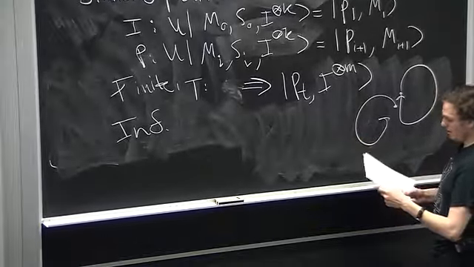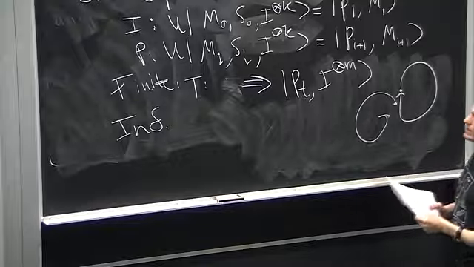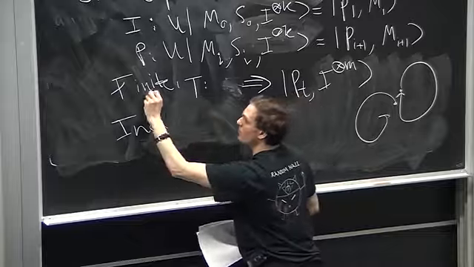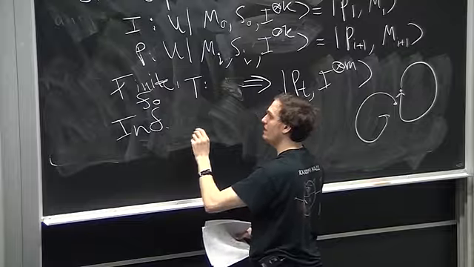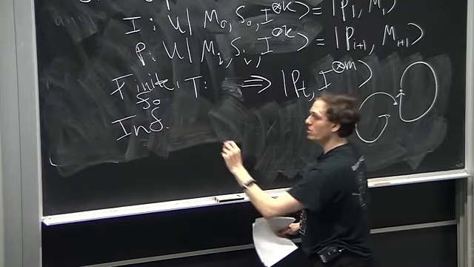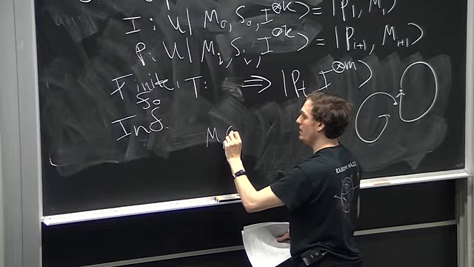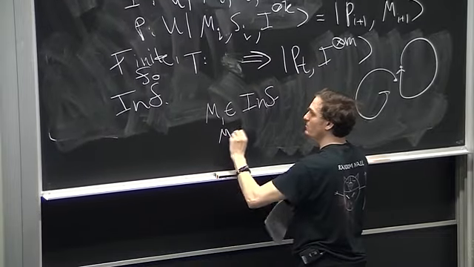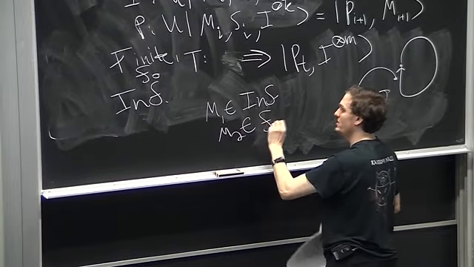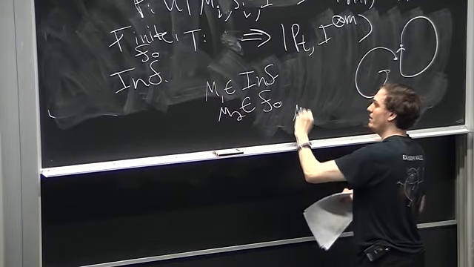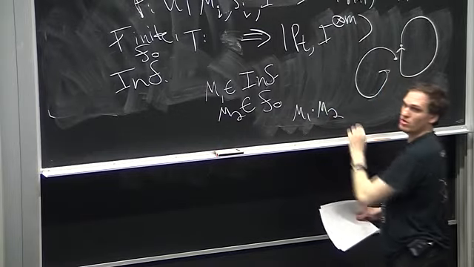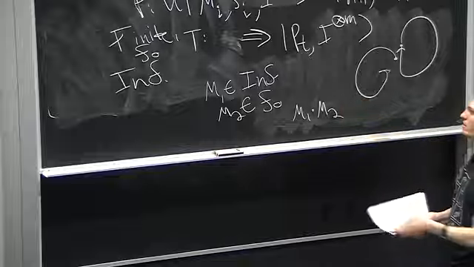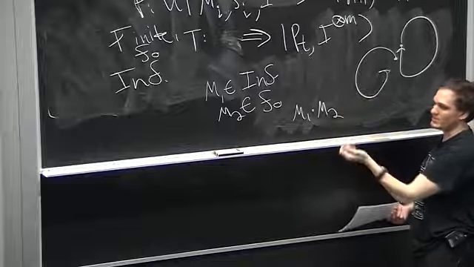The infinite one is a little more complicated, and it's not directly a subgroup. So we're going to call the finite one F0. And then for the infinite one, something to note is that if M1 is in this infinite set and M2 is in F0, and we take M1 dot M2, this is still going to be infinite, because M1 has an infinite standard path, and composing it with M2 is also going to be infinite.